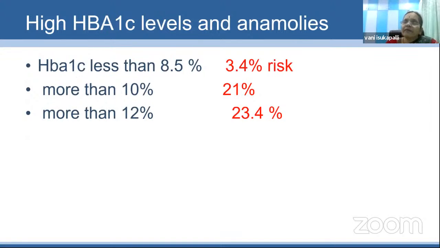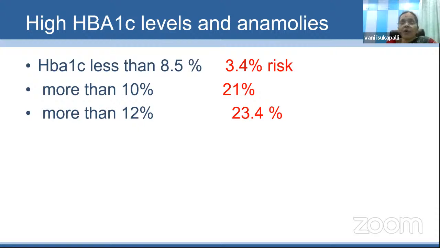And we have to advise her that hemoglobin A1C is an important investigation that will hint us whether the pregnancy would end up normally or not. If the hemoglobin A1C is less than 8.5, there is a 3.4% risk of having a congenitally malformed baby.